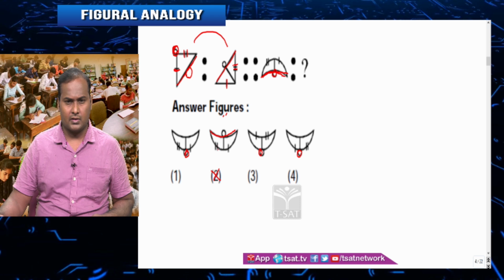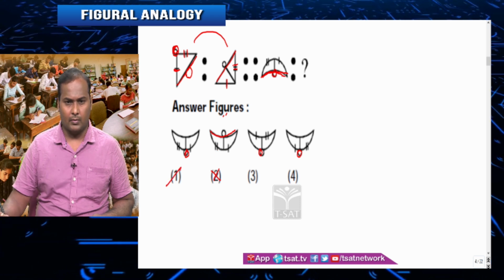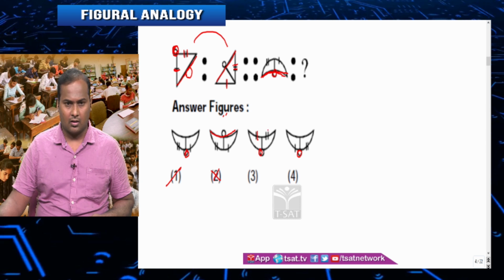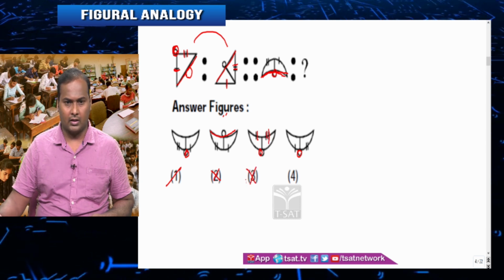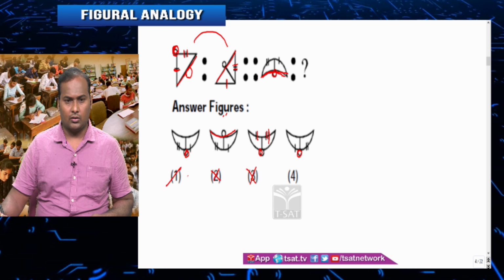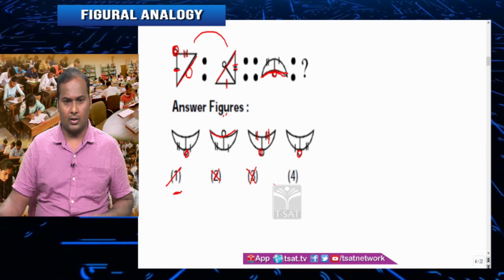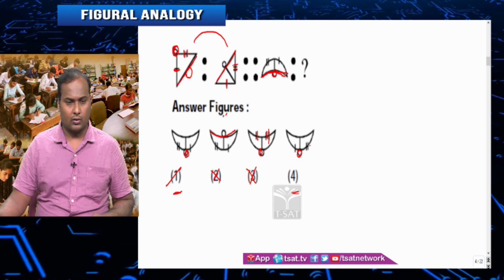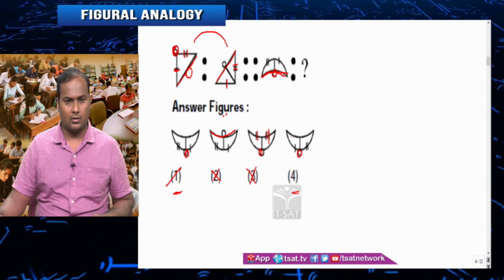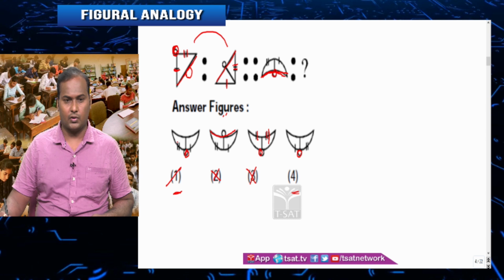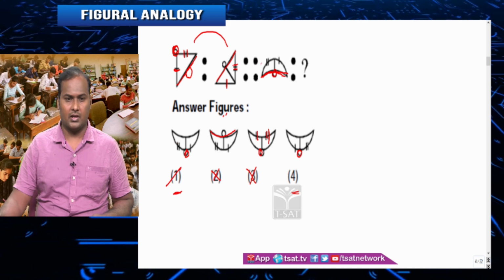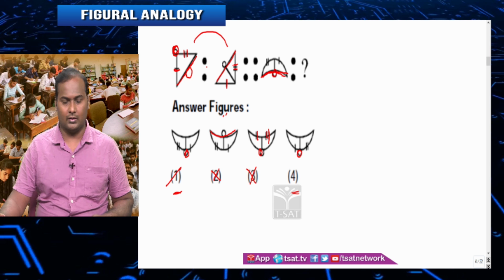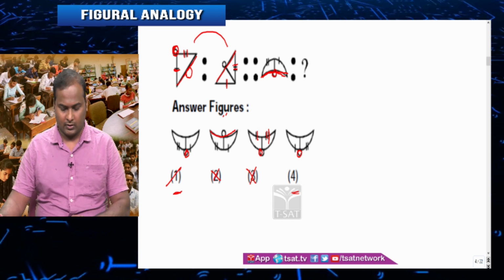So the moment you see this one, answer 1 will become your answer because in option 3, the lines are on the top, so you can eliminate this right away. And now the competition is between option 1 and option 4 only. In both option 1 and option 4, the difference is the position of lines, but the change in the position of lines is the same here as well. They are not interchanging, so your answer will become 1.